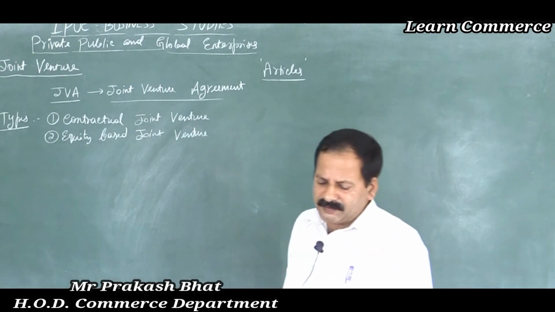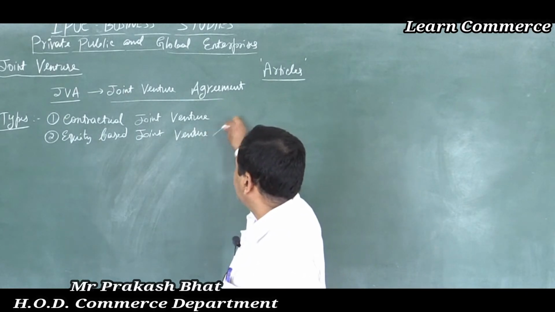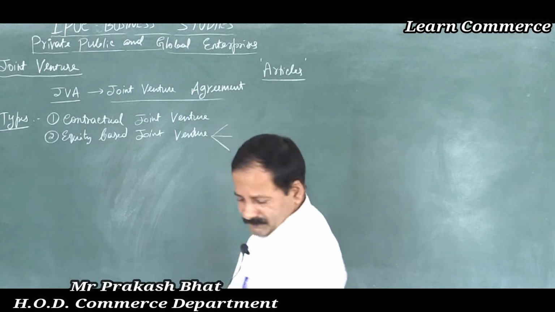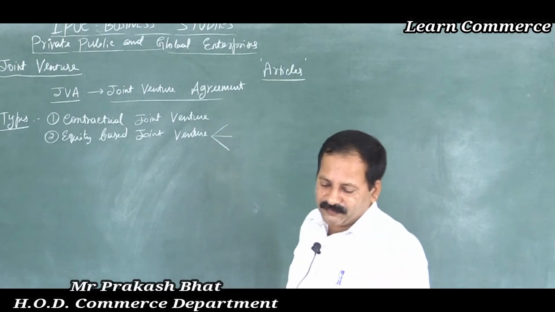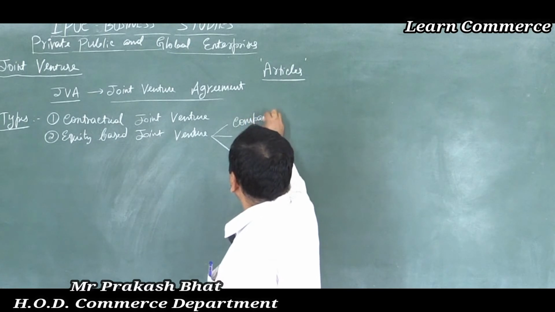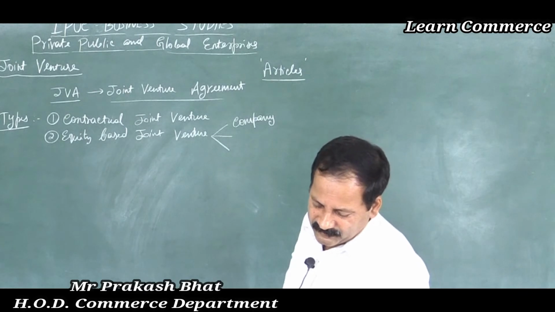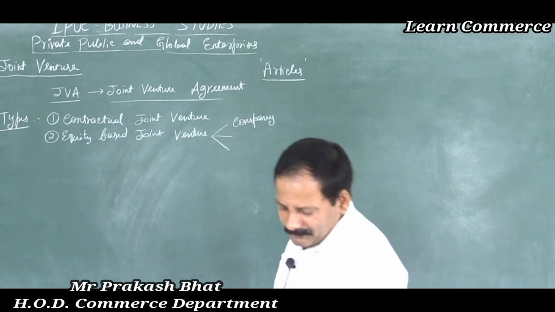Under equity based joint venture we can see there are three types. First one is company. Second one is private public partnership, or partnership.